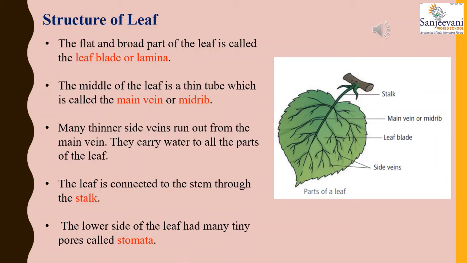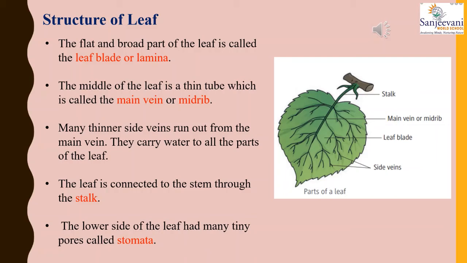Now we will discuss the leaf. A leaf is the most important part of the plant that grows on the stem. It differs in shape and size in different plants and leaves are mostly green in color. Now we are going to learn about the structure of a leaf. As you can see in this picture, there is a flat and broad part called the leaf blade or lamina.